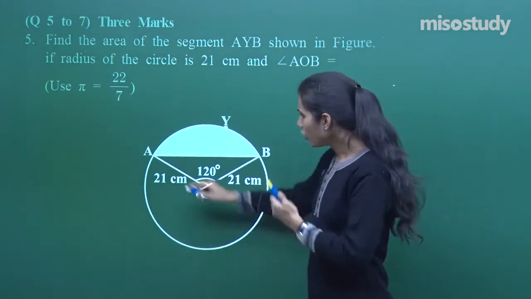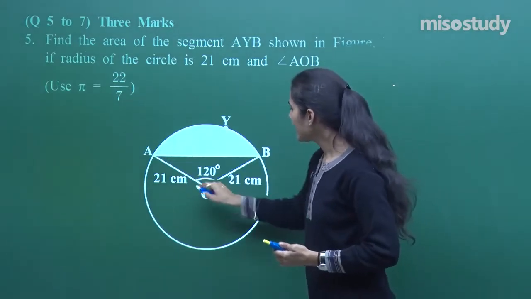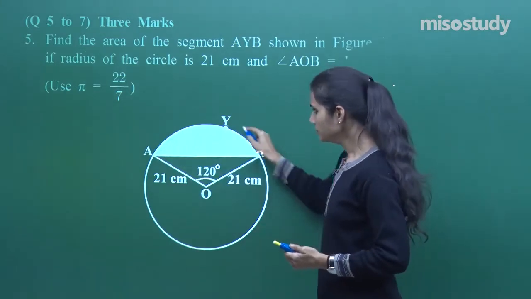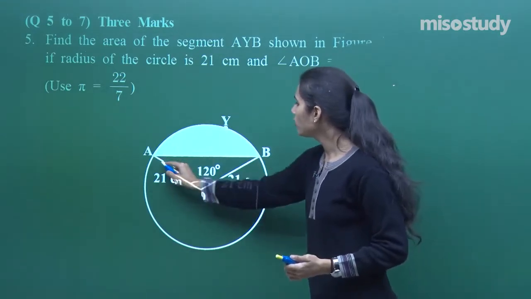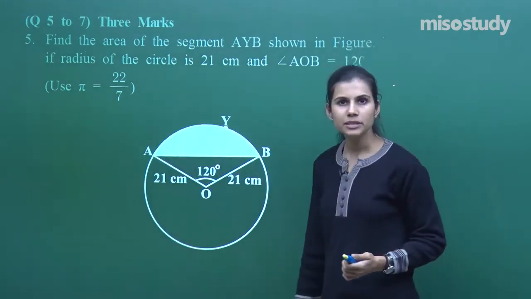If from the area of this complete sector AOBYA, I remove the area of the triangle AOB, I will be left with the area of this segment.